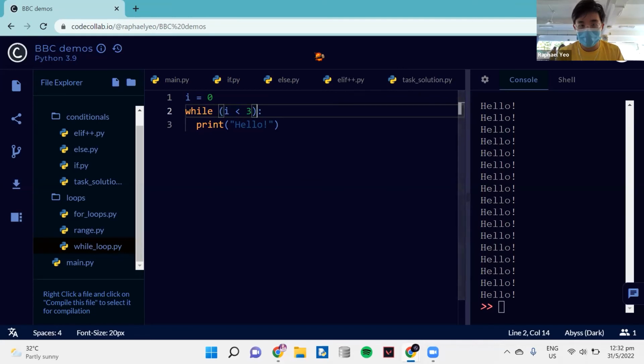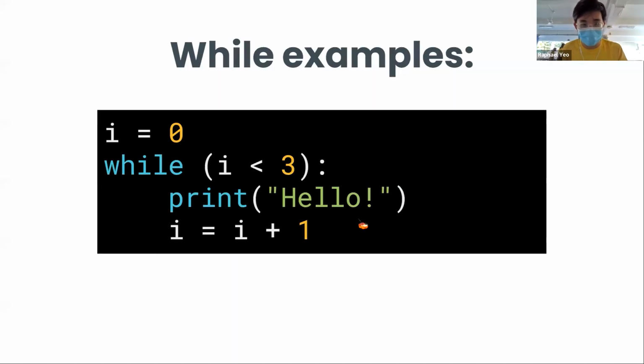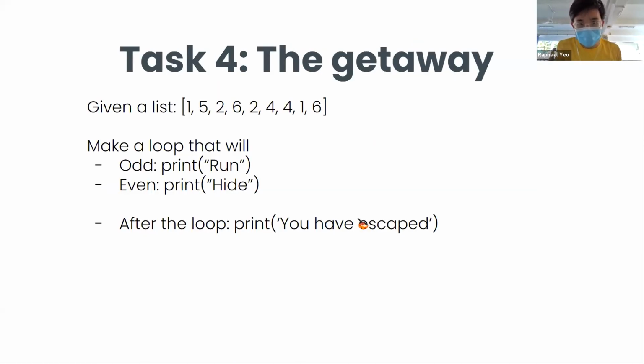Okay, so this is something that you guys have to take note of when you are coding on your own, because if you do not ensure that there's a way of exiting your while loop, it might run into a runtime error, or you might not even know that your code is stuck in a while loop. So just take note when you're writing your code, and always change your condition so that eventually it will leave the while loop. Okay, now let's go back to the slides, and this is your task 4.